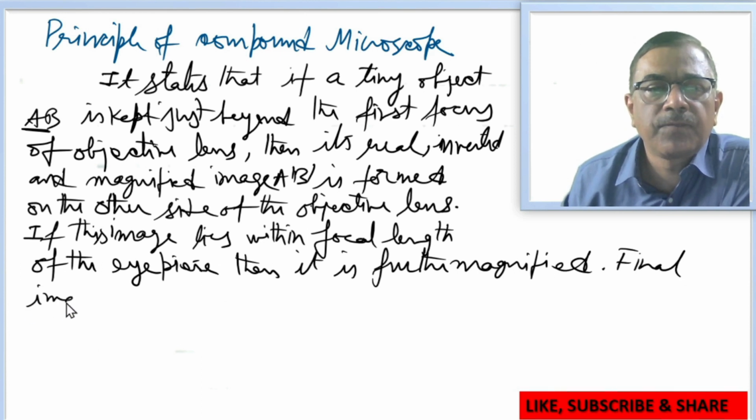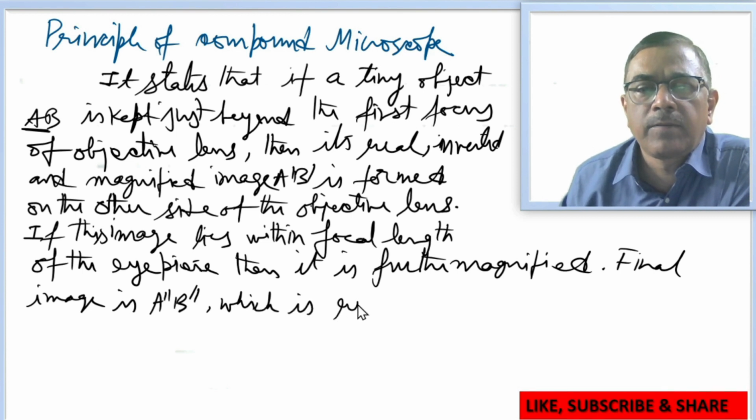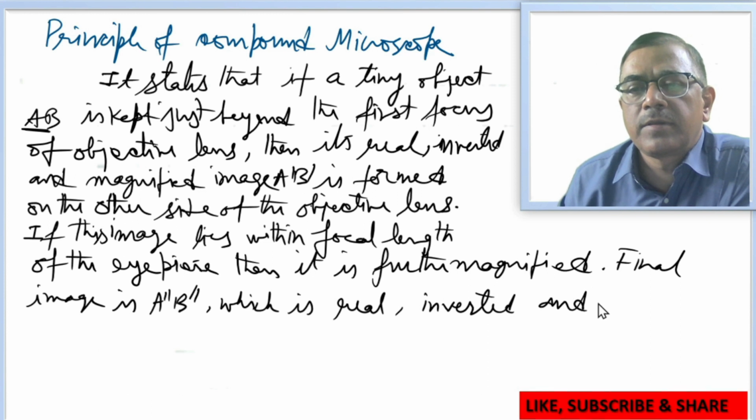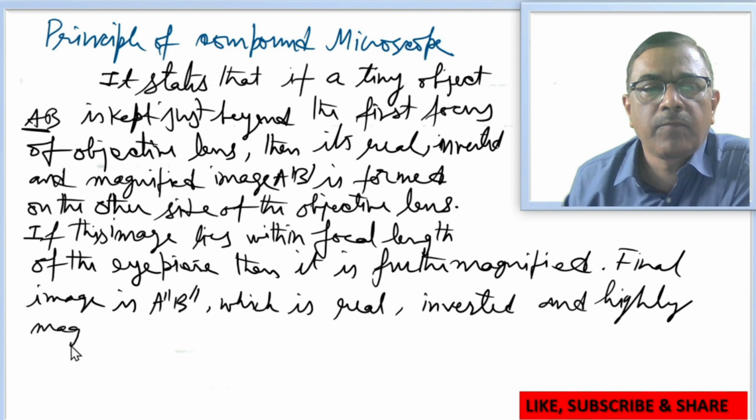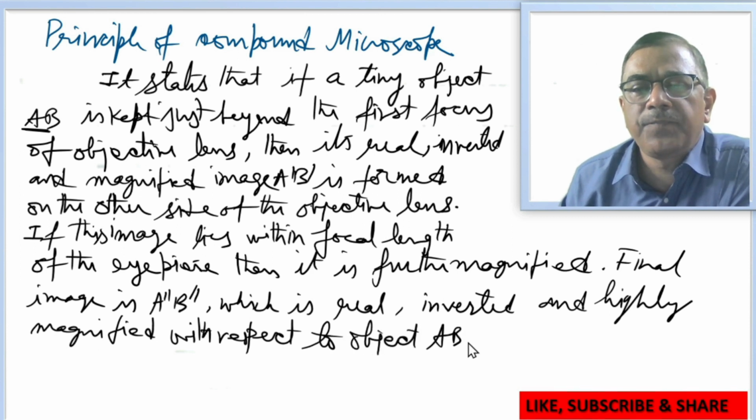The final image is A double dash B double dash, which is real, inverted and highly magnified with respect to object AB.